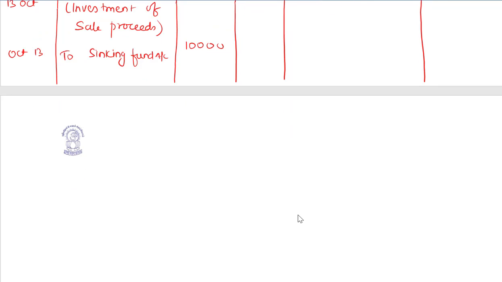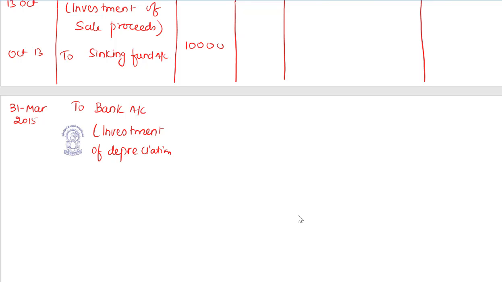Now on the last date, that is March 31st, 2015, to bank account, we need to invest the depreciation amount and the interest amount. So just write investment of depreciation.